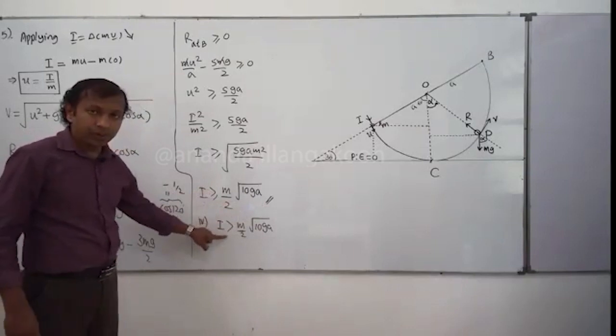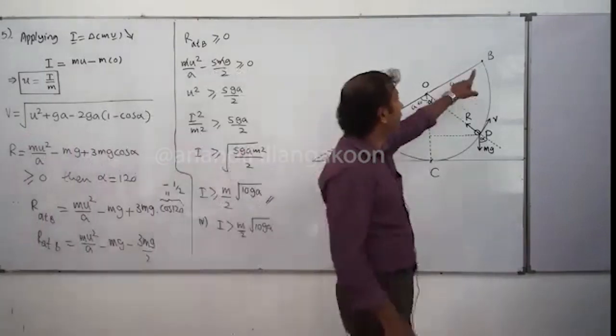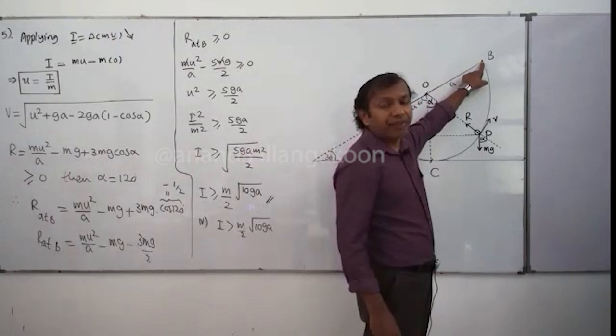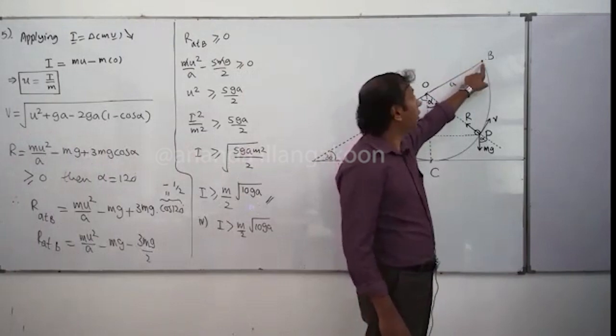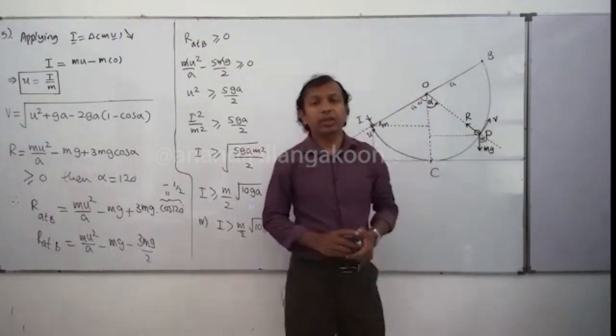What do you mean by this? I greater than this means what, people? When the particle reaches the point B, the normal reaction is positive. That means until the particle actually makes contact with the inner surface of the bowl, until the particle comes to the point B.